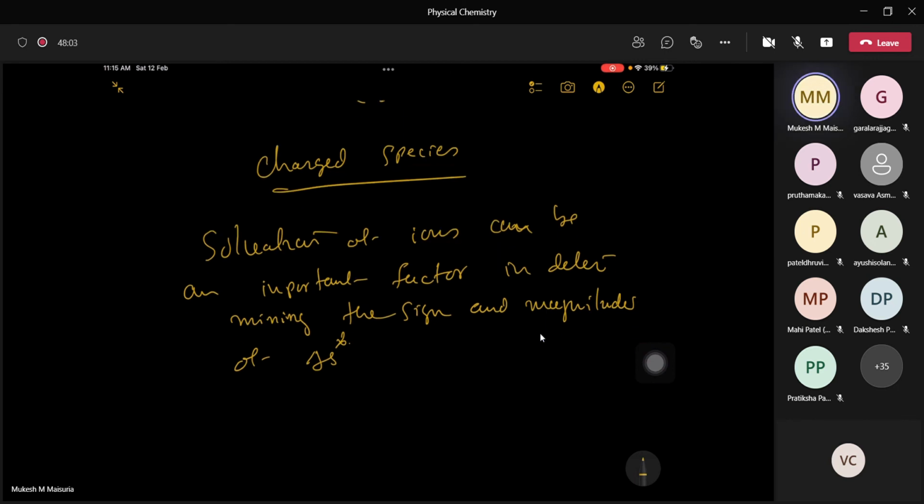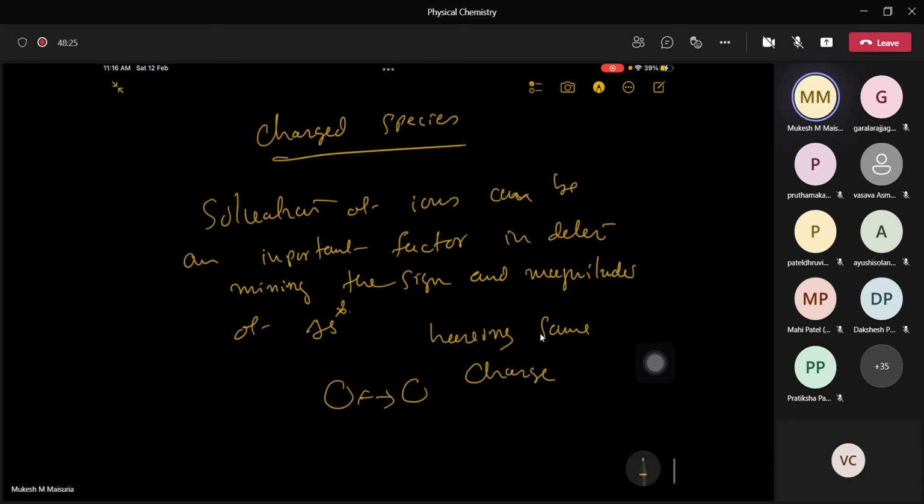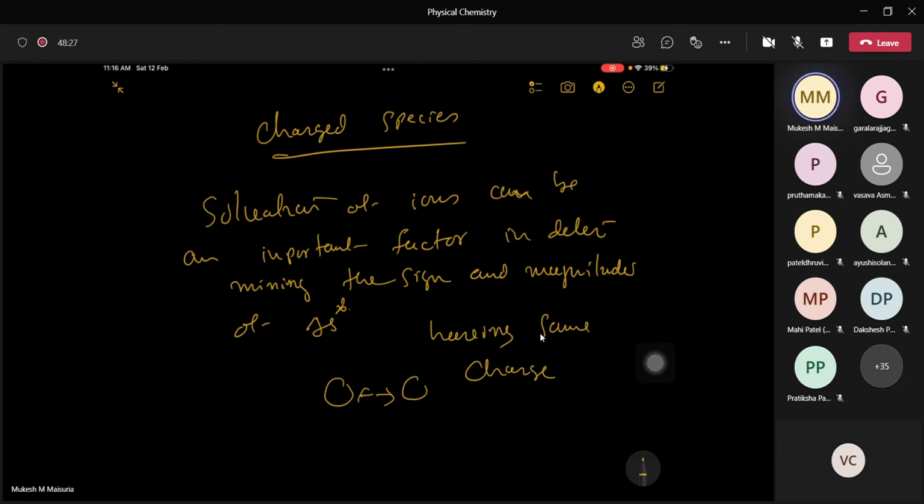Now, according to collision theory, we know that if the charged species have the same charge, obviously repulsion will take place. So the number of collisions decreases, and accordingly the rate will change. Understand?